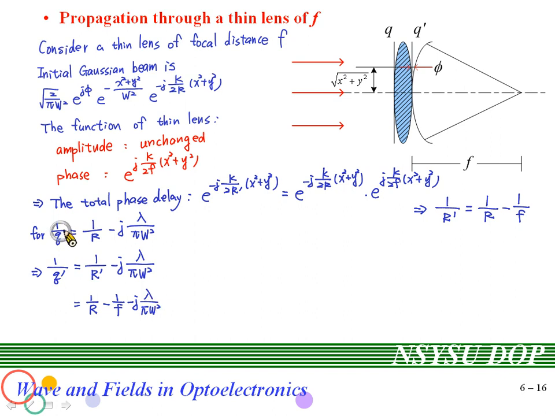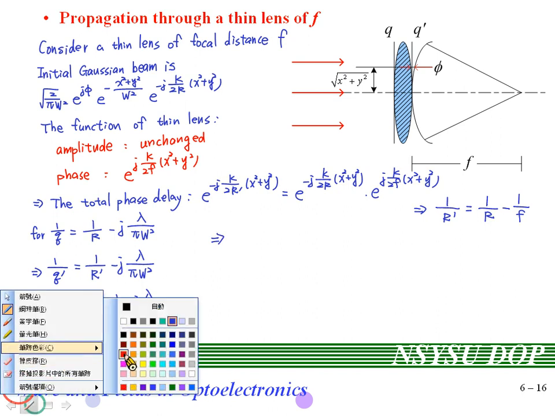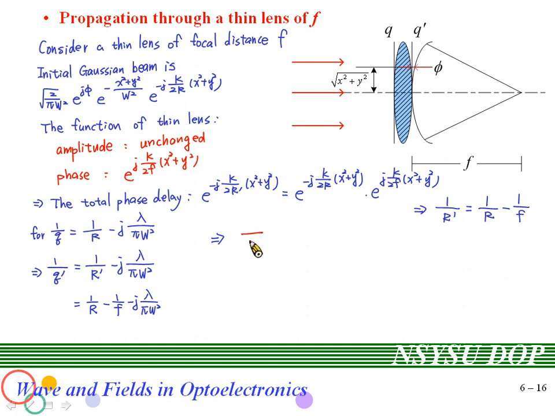So, compare the inverse of Q before the lens and after the lens. We will say that after passing through the lens, the inverse of Q prime can be written as the inverse of Q minus the inverse of f, where f is the focal distance of the thin lens.